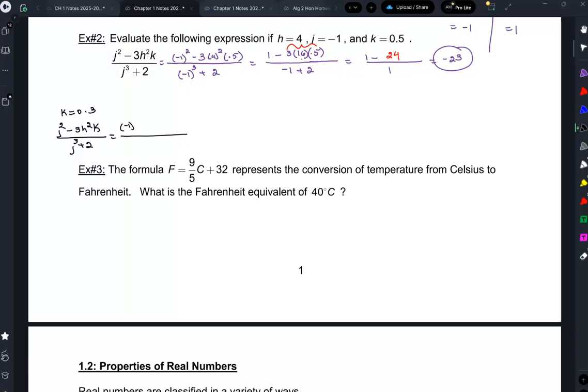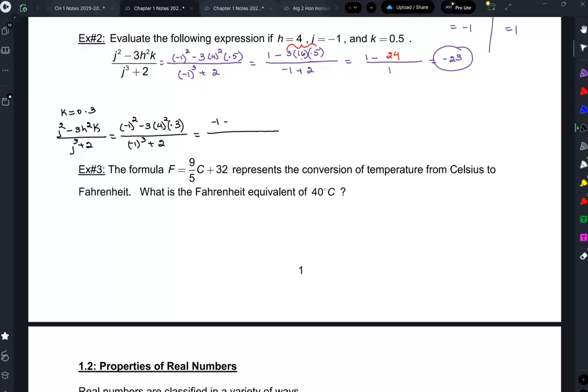Now we have -1 squared minus 3h squared times k 0.3, over -1 cubed plus 2. So let's see how this works.